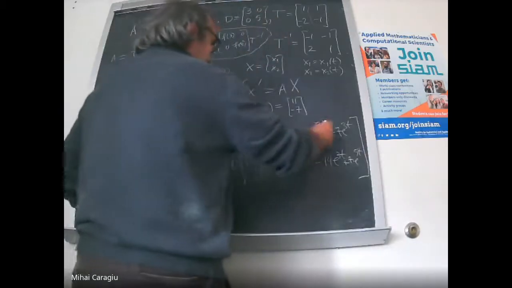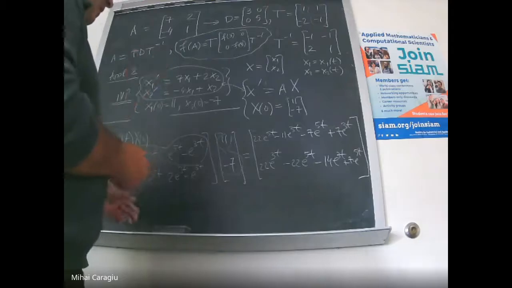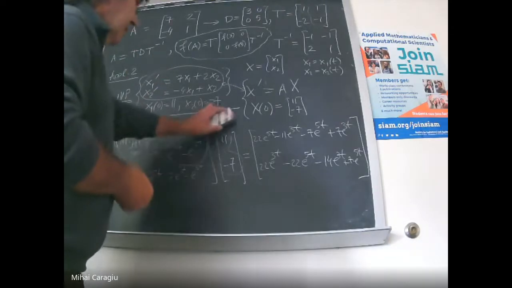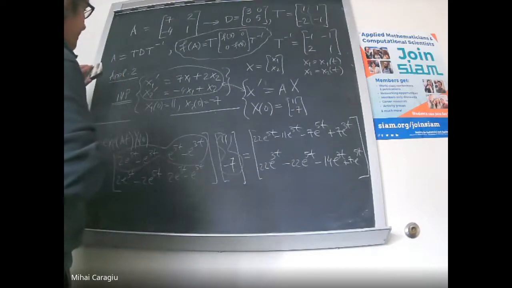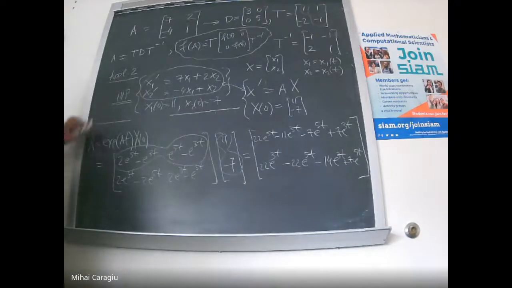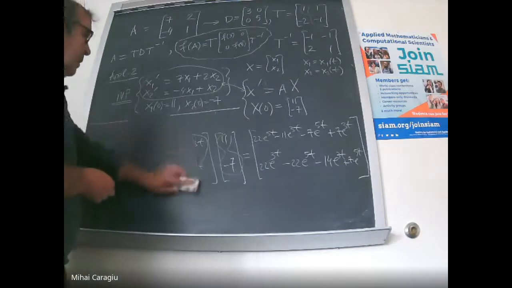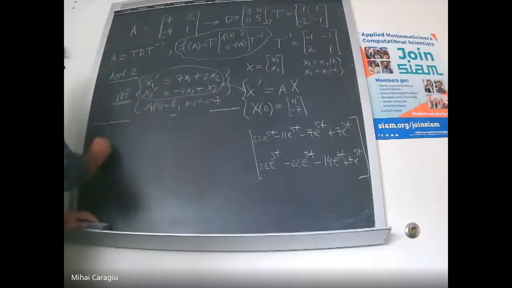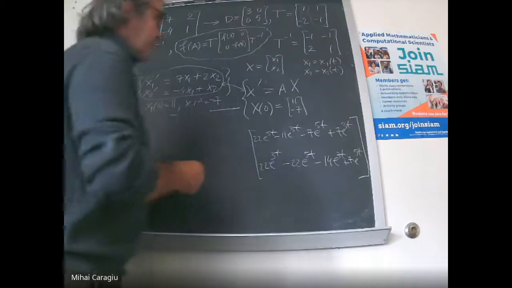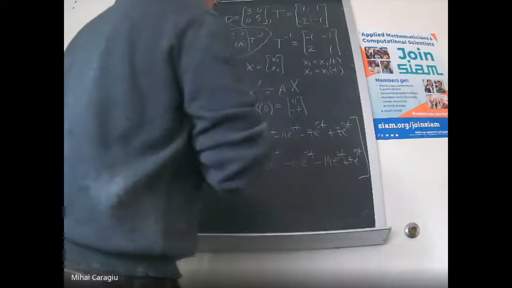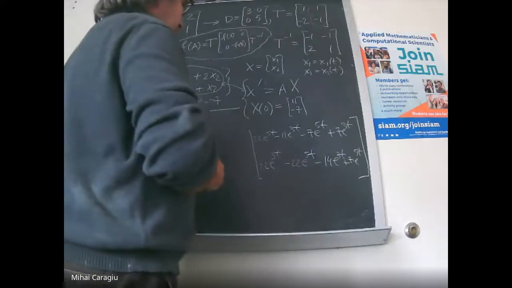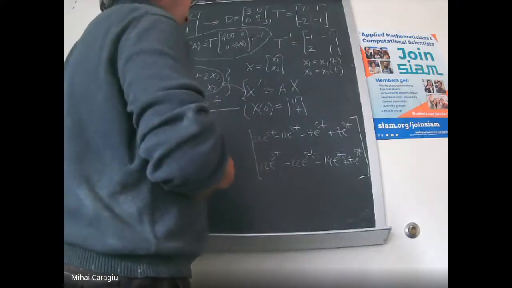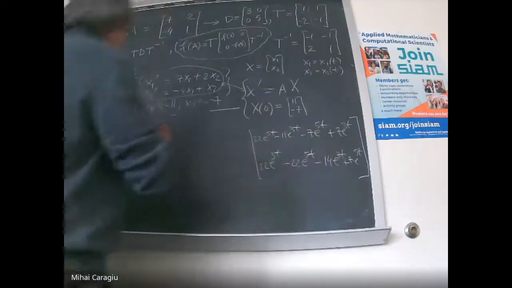The top element will be x1, and the bottom element will be x2. So let's write them down. x1 of t equals, grouping the like terms, 22 minus 7 is 15 e to the power 5t, minus 4 e to the power 3t.